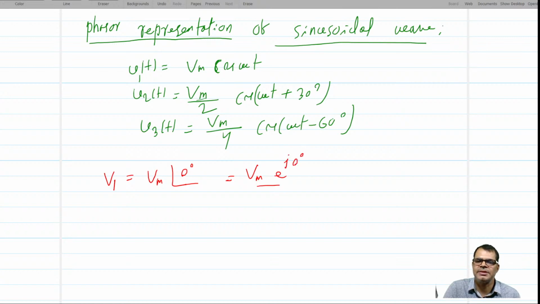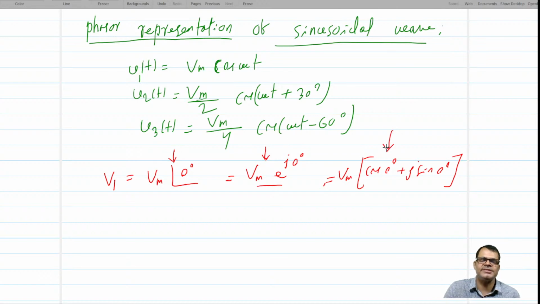Both are exponential representations. Another representation is Vm cos 0 degree plus j sin 0 degree. This is called the rectangular representation.